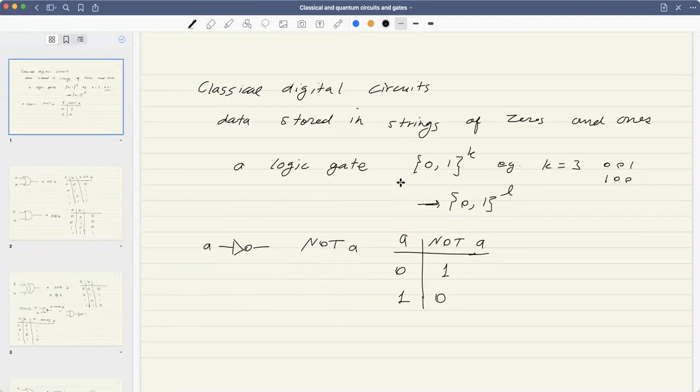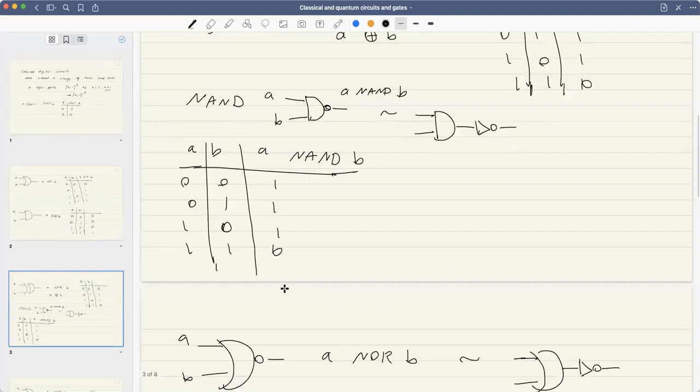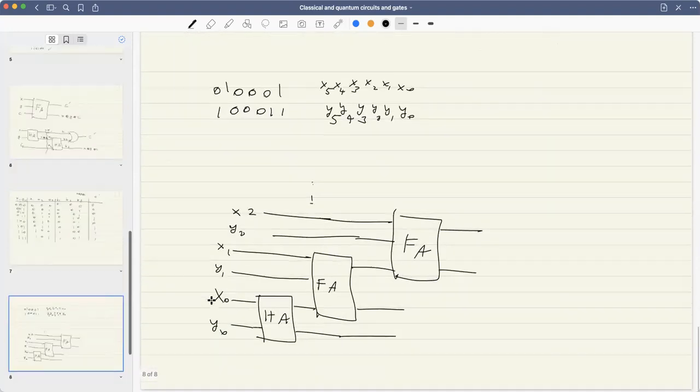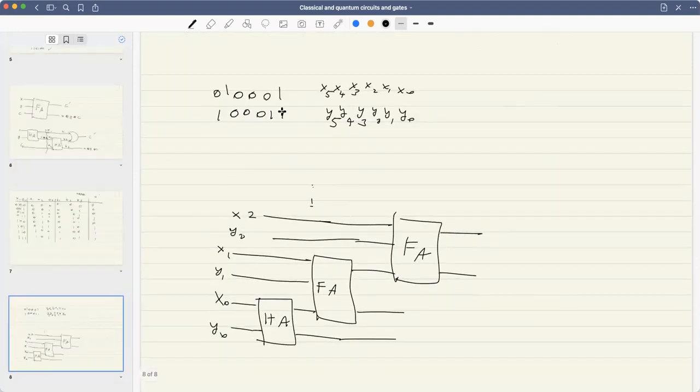So now the idea is to somehow manipulate the states of a bunch of qubits. This calculation, for example, if I have 6-bit integers, I need to send in 12 bits.